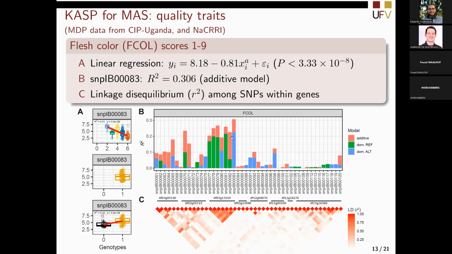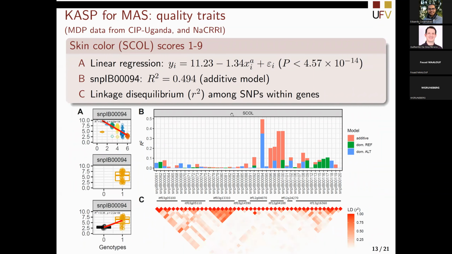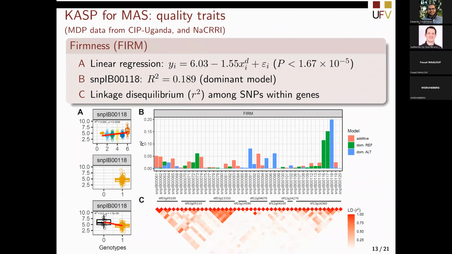So these first ones are on chromosome 3, and we found a major SNP explaining the variation here for flesh color first, then skin color on chromosome 12. We also found one explaining almost 50% of the variation, and firmness, right, which is supposed to be related with beta amylase.